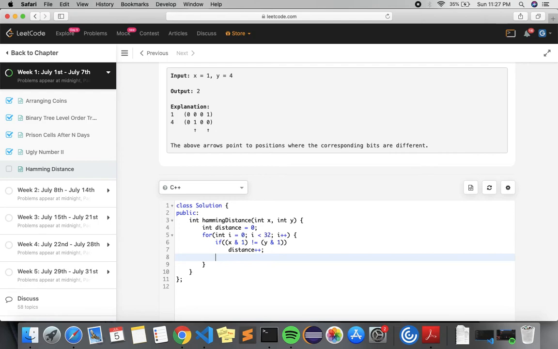Otherwise, for every loop we right shift our numbers by 1. In this way we can see all 32 bits, even for a very large number like int max, we can also see the Hamming distance.